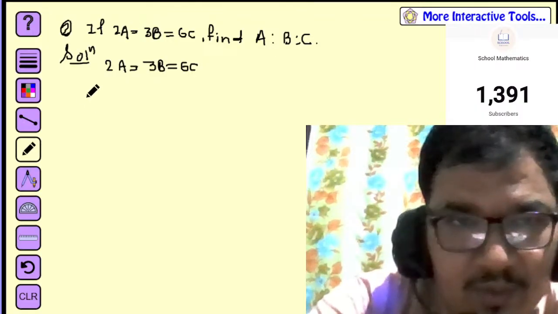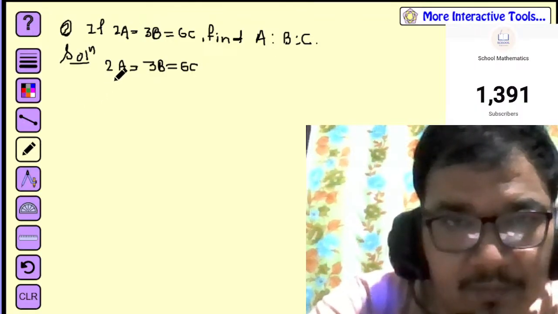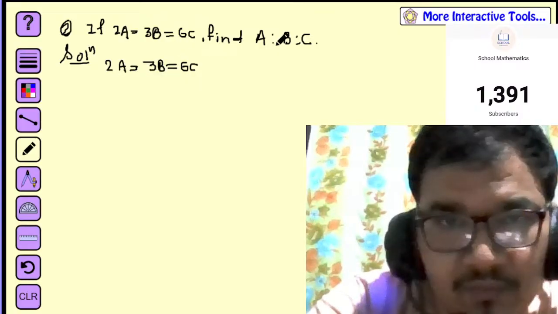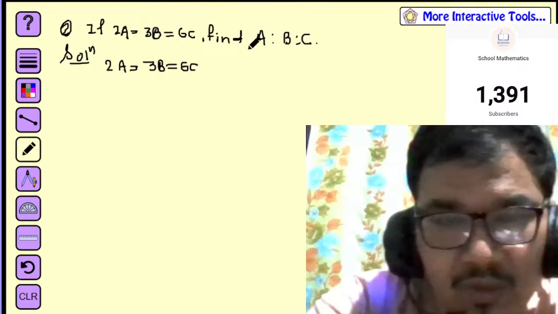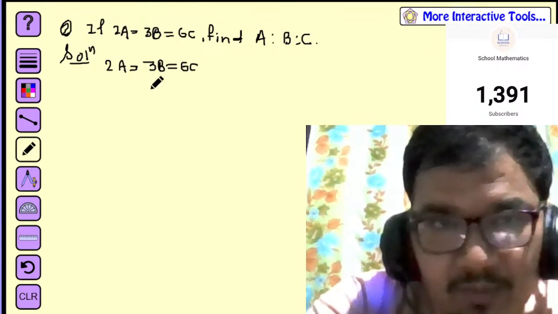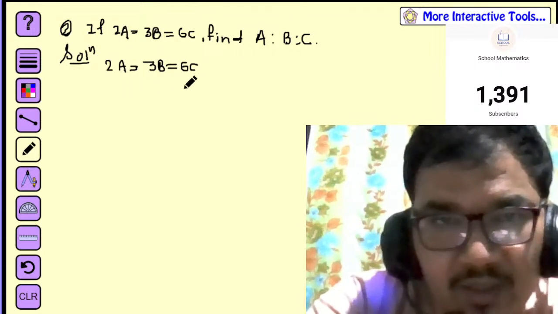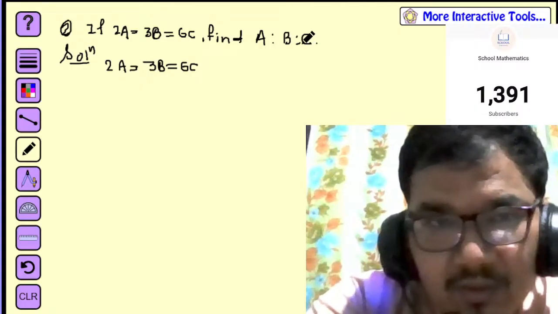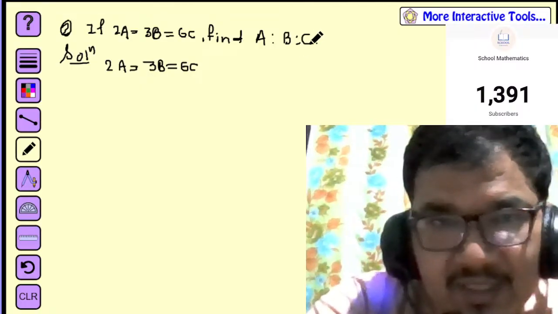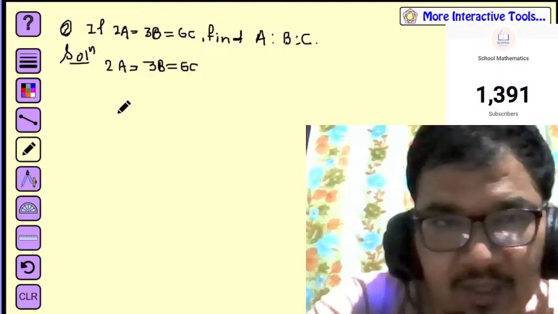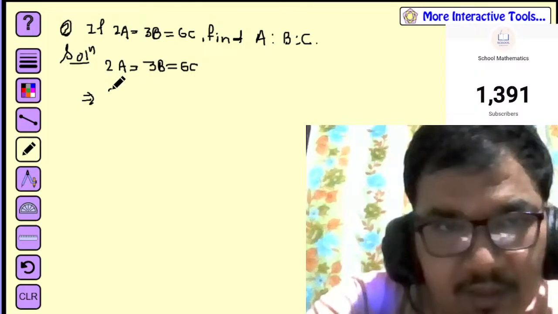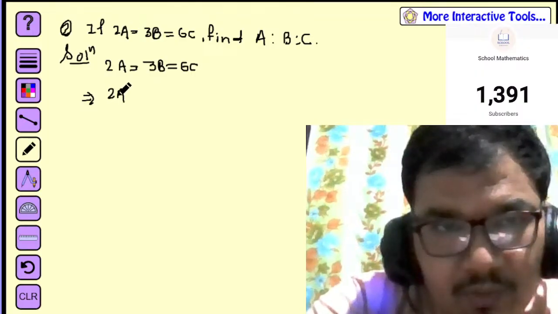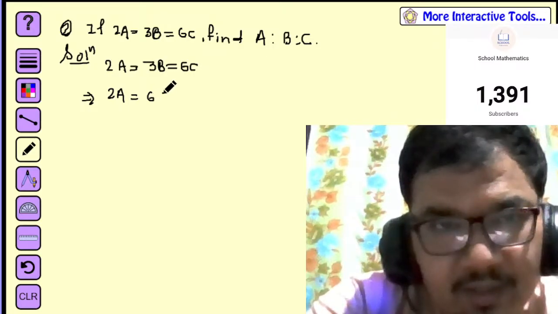Among them, this one will be the easiest. We are finding the a value, b value, and c value from this condition, in terms of c. Look here, it means 2a equals 6c.